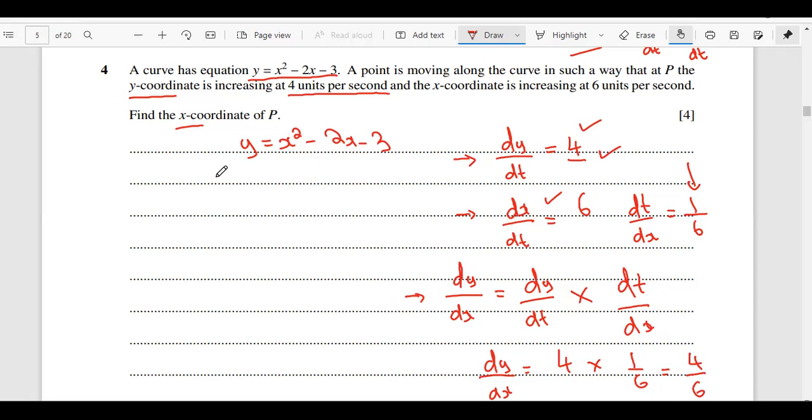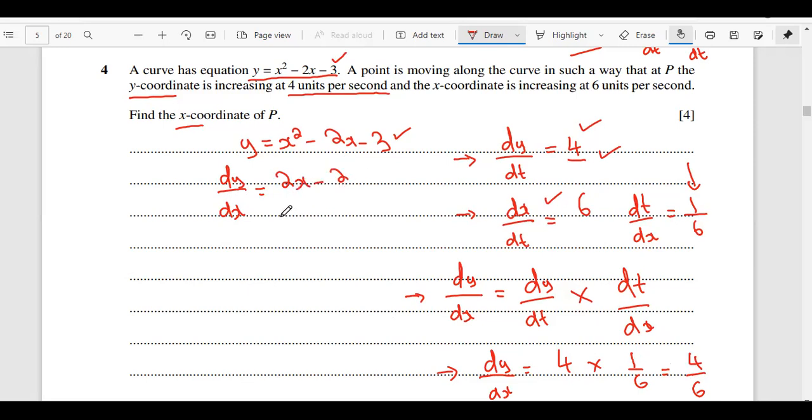You need to find the x coordinate of P, so basically you need to find x. How do we find x? We can find x by finding dy by dx from this equation and equating. So dy by dx would be 2x minus 2.